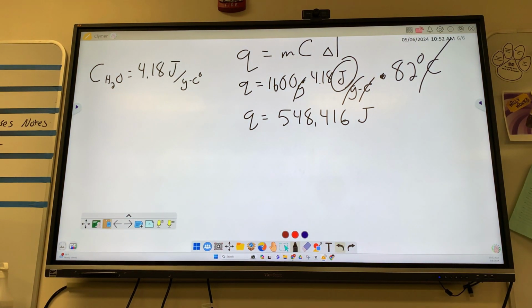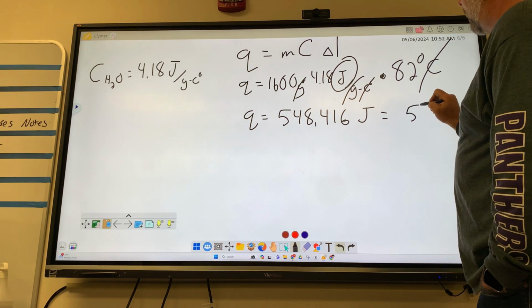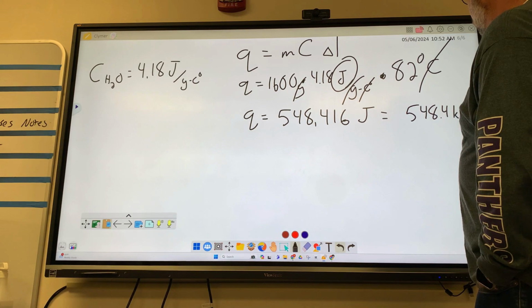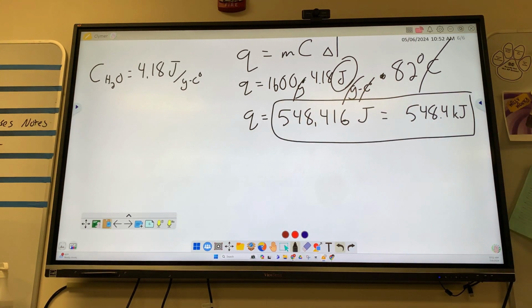I would probably accept this as, if I was going to write this down, I'd probably call this 548.4 kilojoules maybe. These are the same thing, but that number seems kind of unwieldy. Just multiply and plug it in the formula. I would make it kilojoules. I'd move the decimal 3 points over. Yeah, either one of these would be fine.